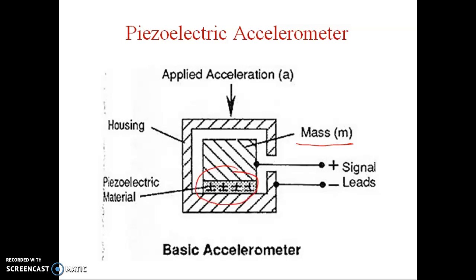That is placed under this mass. By this vibration, the mass has a displacement in this direction. Because of this displacement, it will exert some force over the piezoelectric material, and this piezoelectric material will produce an electric current, and that electric current is amplified and used for measuring the acceleration.